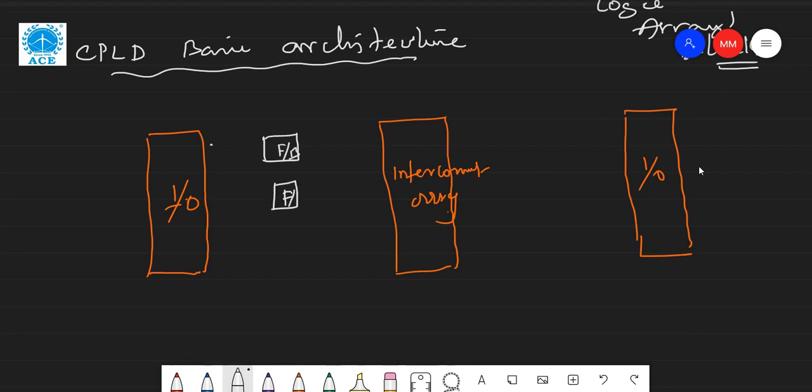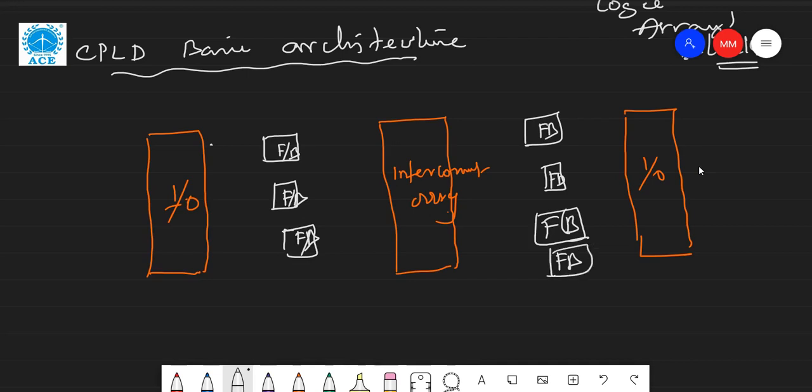A number of blocks are connected together, so the interconnect matrix or array is connected to the functional blocks, which are connected to the input output functionality.